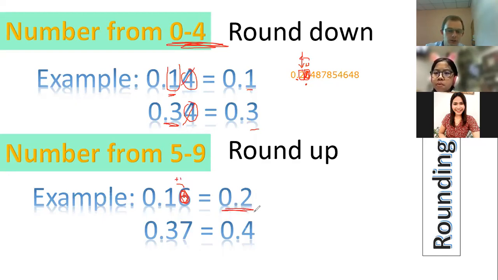The 7 at the bottom also becomes a 0. We plus 1. We get to 4, because we round up. So if you round up, the number that you are looking at has to increase by 1 when you round up.